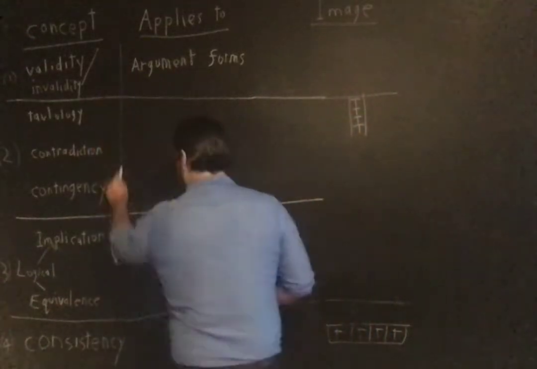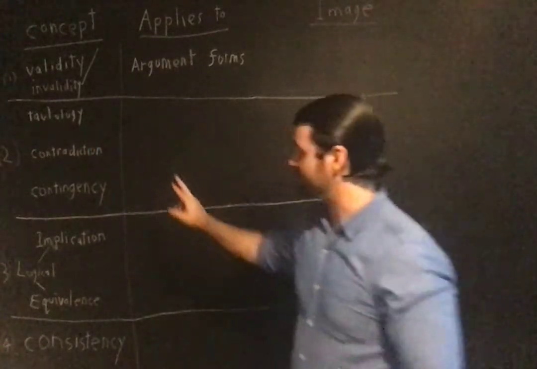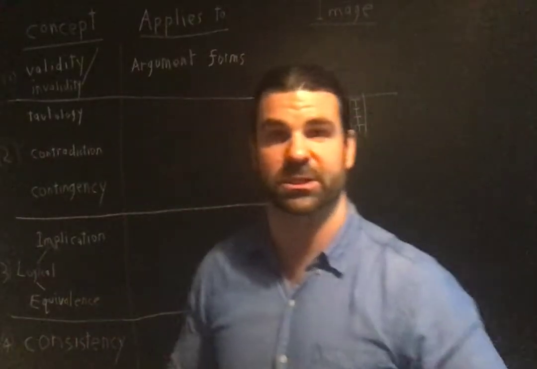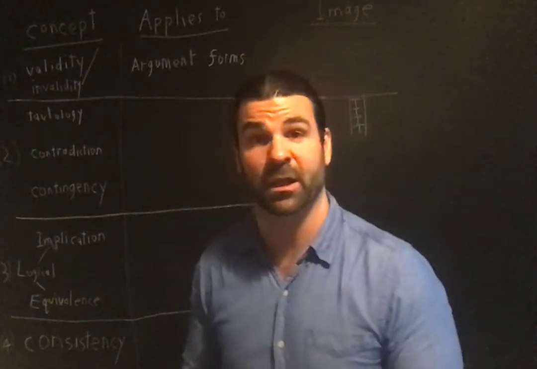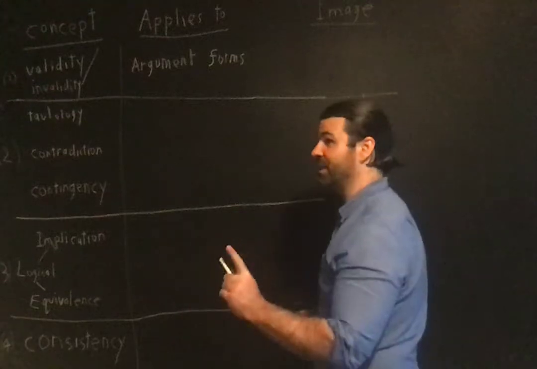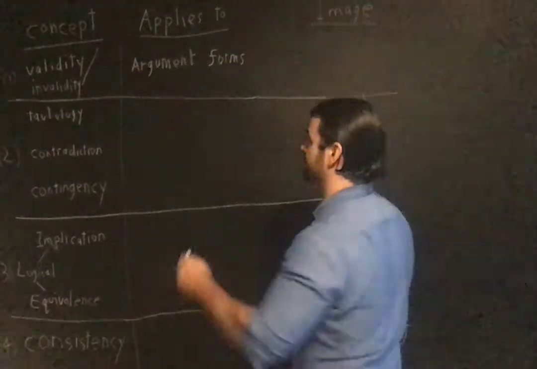These concepts, the first ones introduced in Unit 6, tautology, contradiction, and contingency, all apply to the same kind of thing. These all apply to statement forms, individual statement forms, okay?